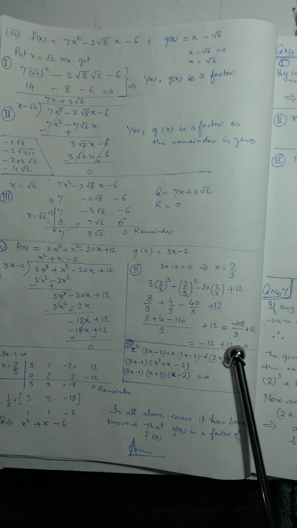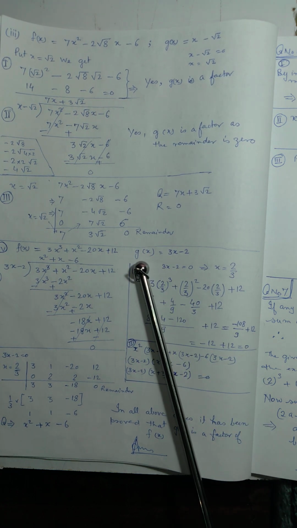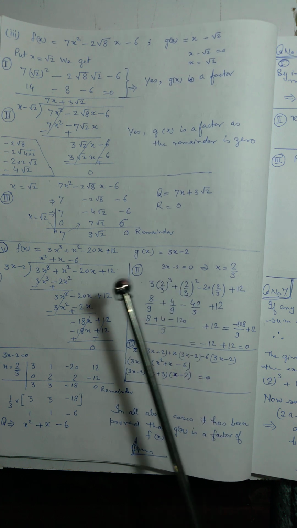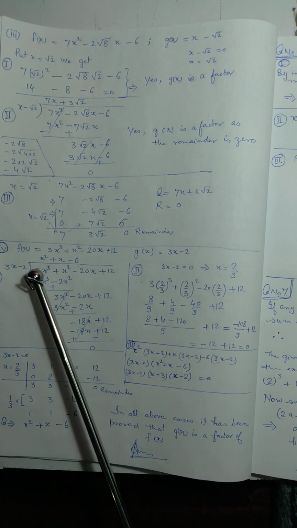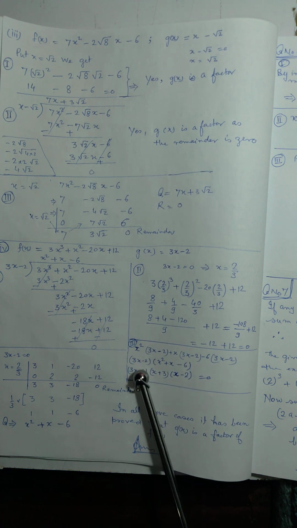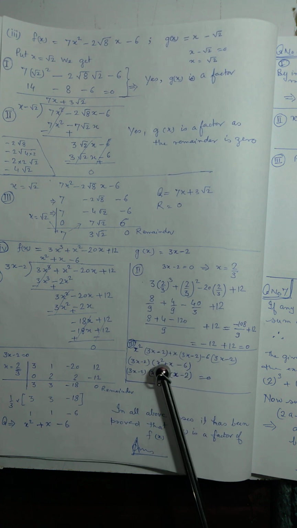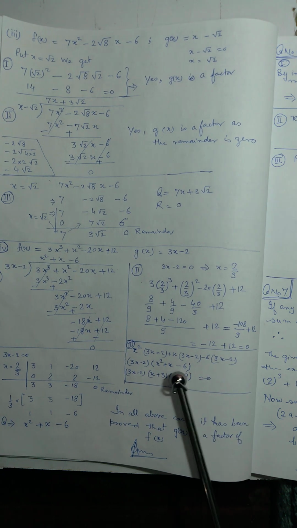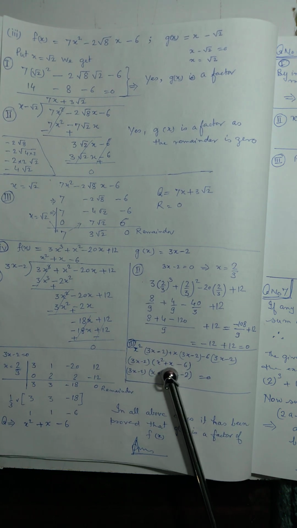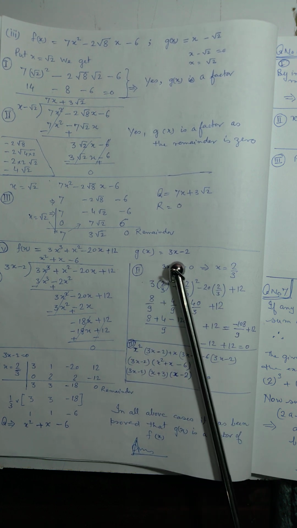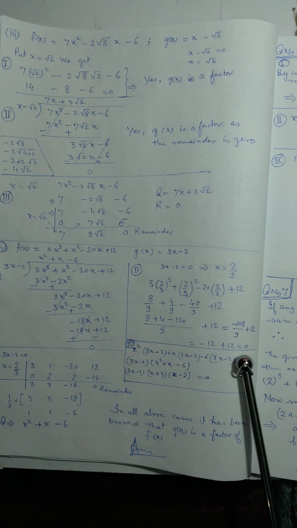It means that the given g(x) is a factor of the given expression, that is f(x). Now the third method, you just write down 3x minus 2, 3x minus 2, 3 times, because the degree of the given expression is 3. So we have to write the given expression, that is 3x minus 2 three times.